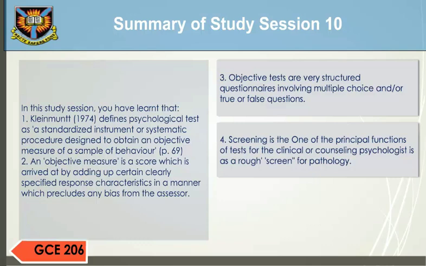An objective measure is a score which is arrived at by adding up certain clearly specified response characteristics in a manner which precludes any bias from the assessor. 3. Objective tests are very structured questionnaires involving multiple choice and/or true or false questions. 4. Screening is one of the principal functions of tests for the clinical or counseling psychologist, as a rough screen for pathology.